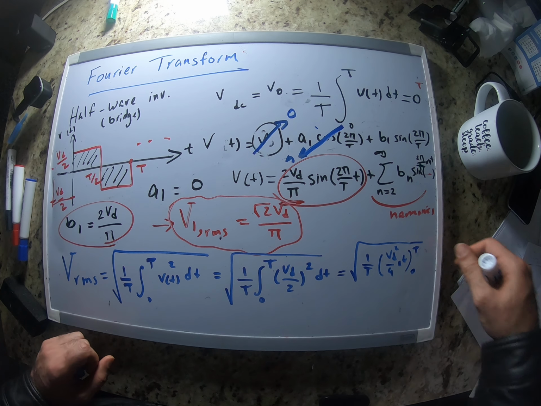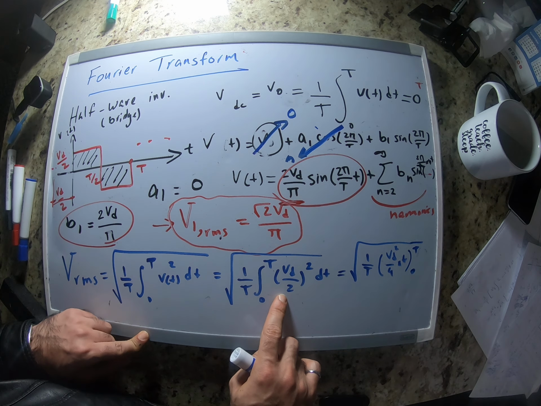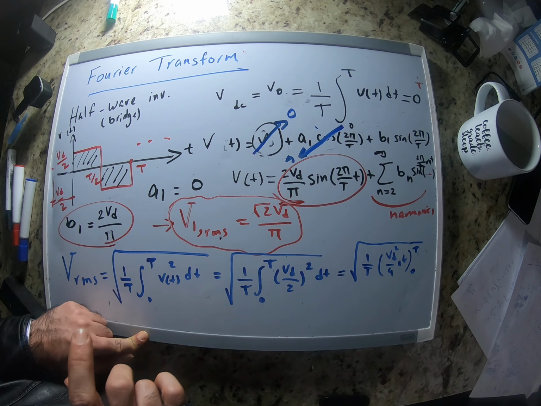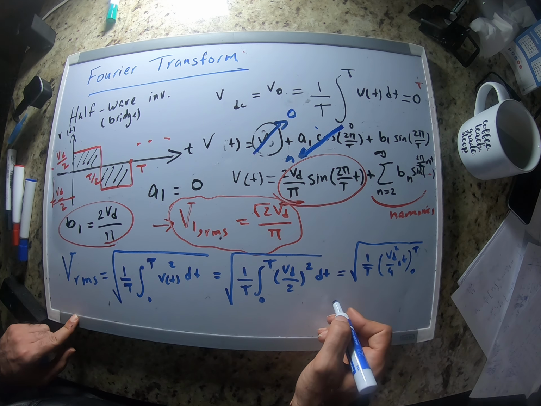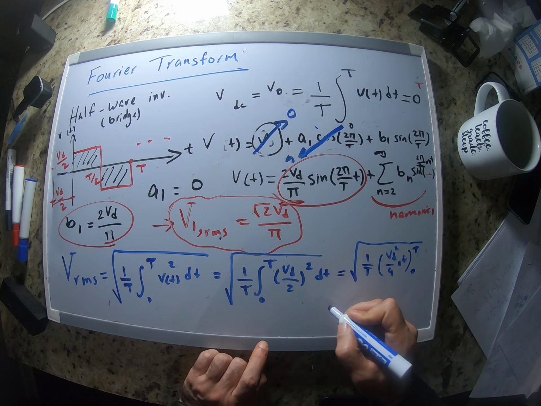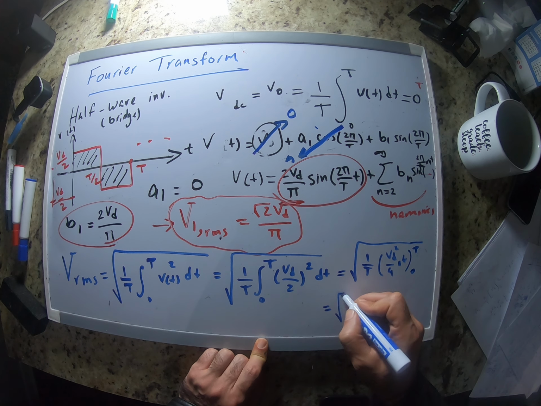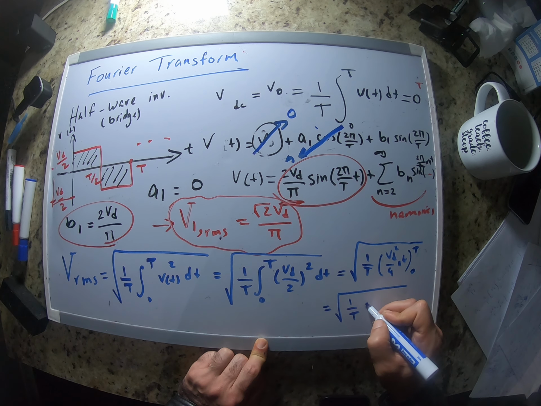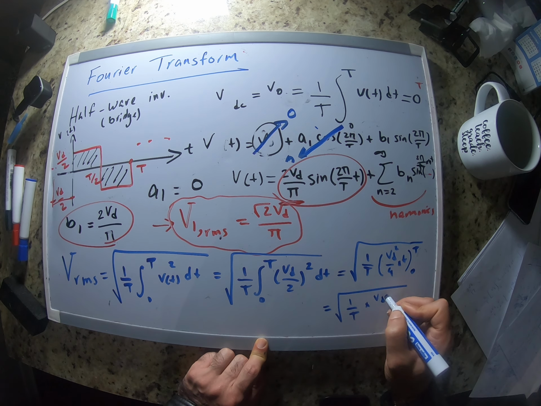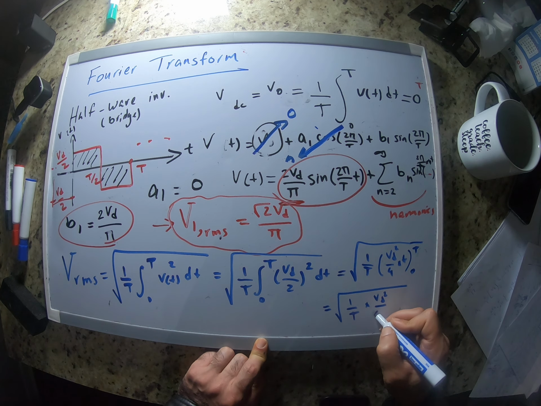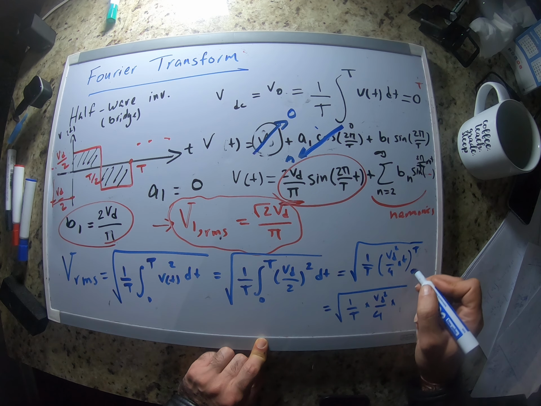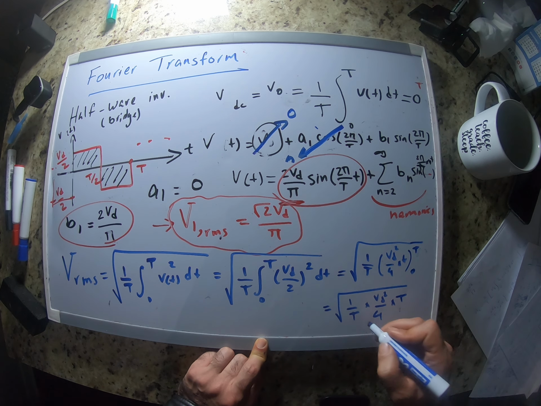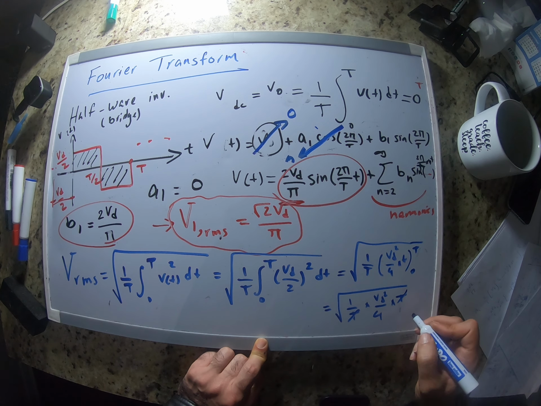The integral of a constant is that constant multiplied by t. So it's going to be the root of 1 over T times Vd squared divided by 4 multiplied by T. These cancel out.